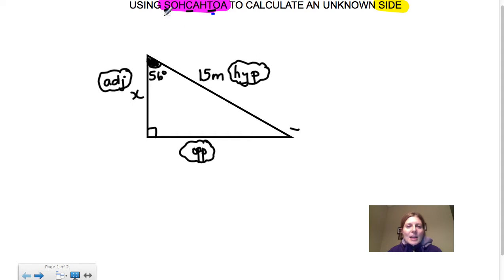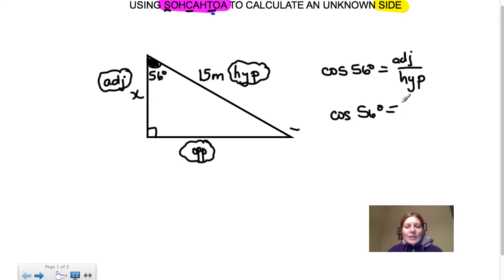So that tells me which of the trig functions I'm going to choose based on the sides that I'm considering. So I'm going to set up the cosine of the angle 56 degrees is equal to the adjacent over the hypotenuse. Then I'm going to fill in the information that I know.